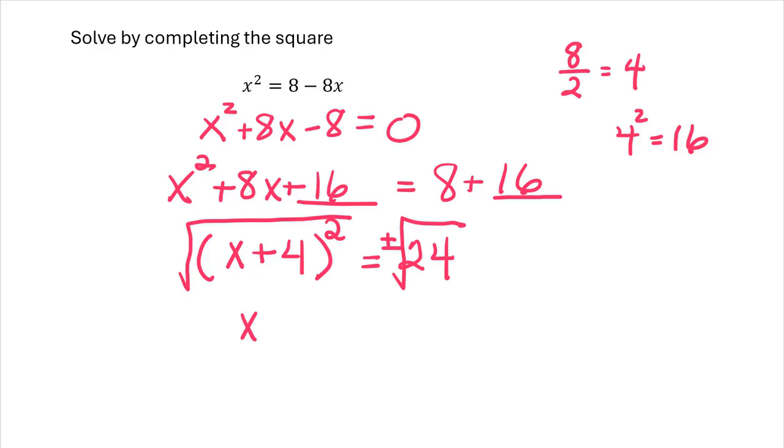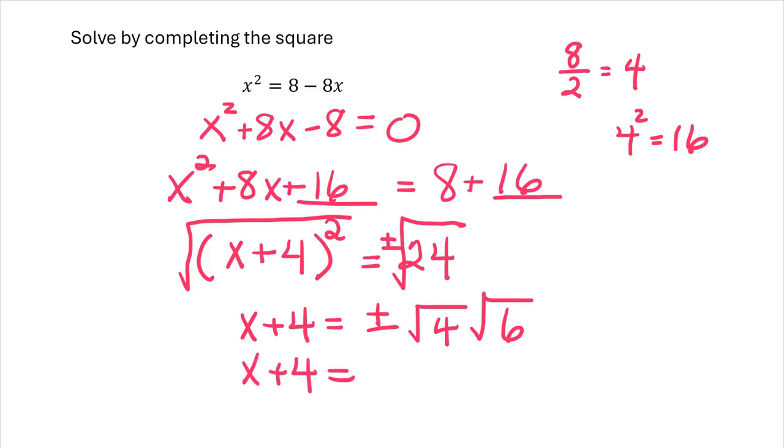So we would have x plus 4 is equal to plus or minus the square root of 24, and we can break that up into the square root of 4 times the square root of 6, because 4 times 6 is 24. So x plus 4 is equal to plus or minus the square root of 4 is 2, and the square root of 6 is irrational, and it cannot be simplified any further.